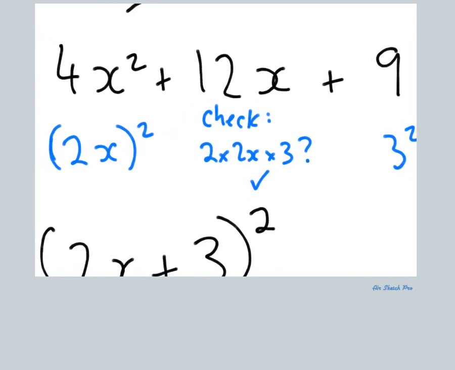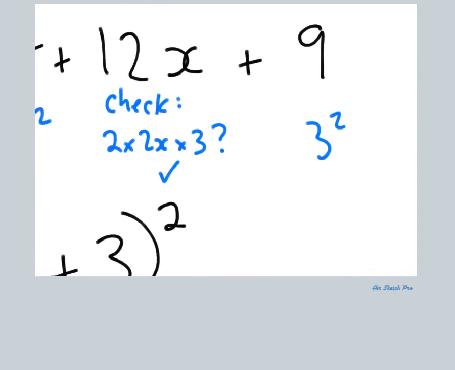Okay, so I'm just going to ask, are you okay with the fact that I got 2x all squared there? And are you okay with the fact that I've got 3 squared there? Okay, so if you look at the left-hand side of the board, again, not so good for the video, can you see that the middle term of a perfect square expansion is 2 times the first term times the second term? Yeah.